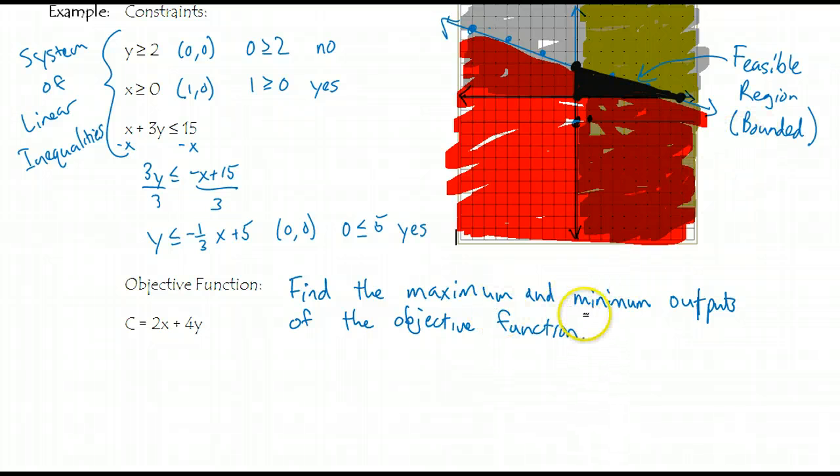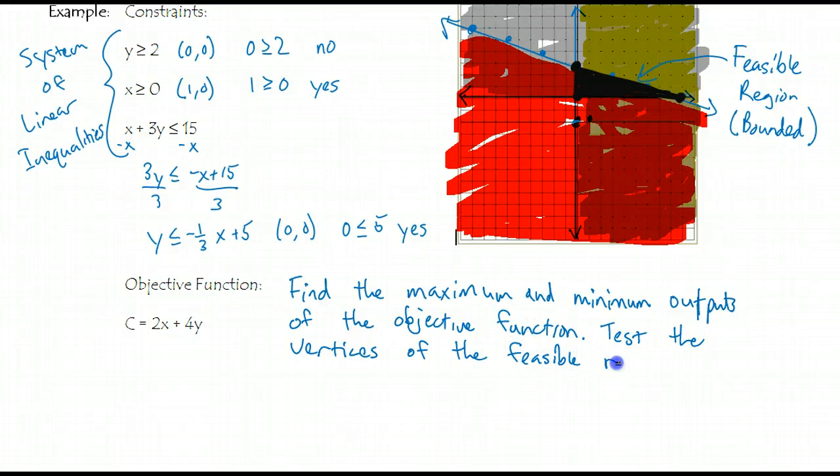The highest and lowest outputs are always going to occur at the vertices of my feasible region. So those are the points that I'm going to test. In this case, I have a triangle, so I have 3 vertices. I have a vertex right here, and right here, and right here.